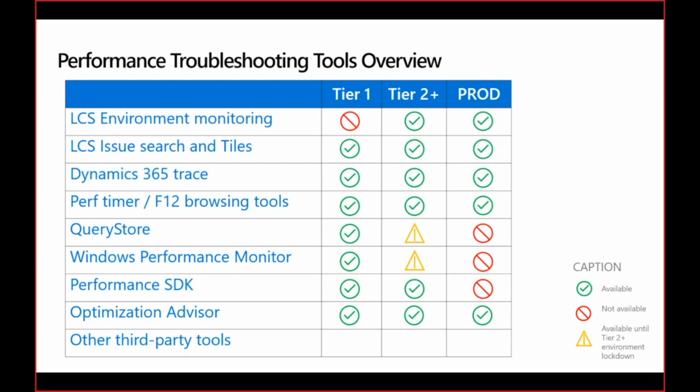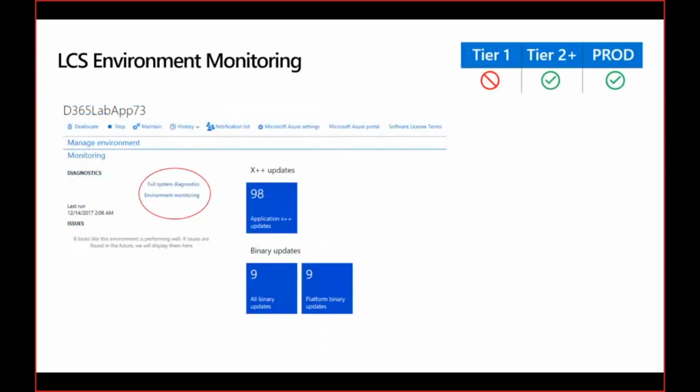There are other third-party tools that could be used, like PSPing, Fiddler, and many others. The ones with an exclamation mark are the tools that are still available on the Tier 2 plus environments, as long as we have RDP access. Whenever we change this and go to more lockdown of these environments, we of course have to make sure that there are other ways to access this performance data.